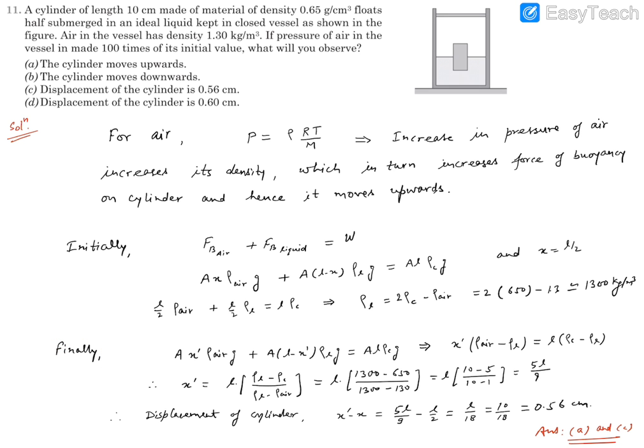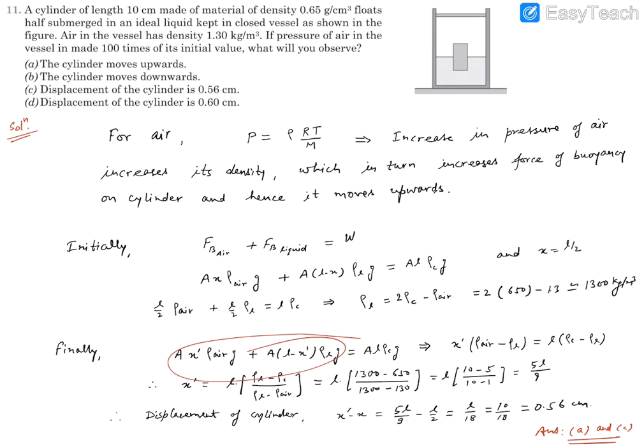Finally, let the length of the cylinder in the air portion be x dash. We write the same equation replacing x by x dash, in both places. That's the new length, and the rest remains the same. Again we use buoyancy of air plus buoyancy of liquid equal to weight, but the buoyancy of air has changed, so the buoyancy of liquid has changed too, to maintain the same weight.